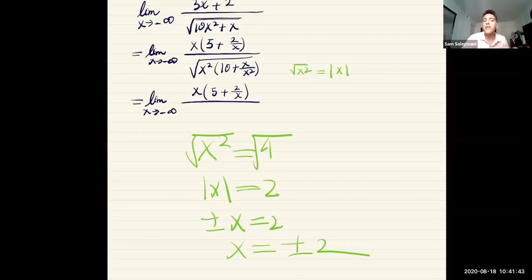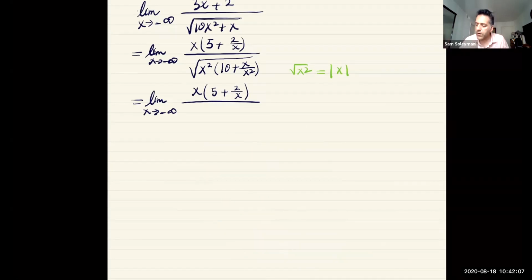You learned this in kindergarten, I think, literally. But they say x is equal to plus or minus 2 without showing all those intermediate steps. But the reason it's plus or minus 2 is because square root of x squared is x, unless x is positive, it is x.